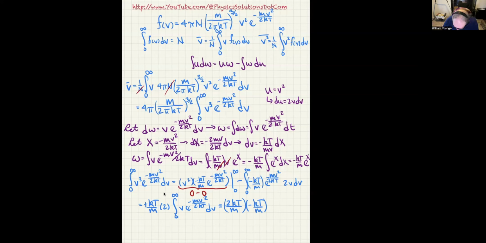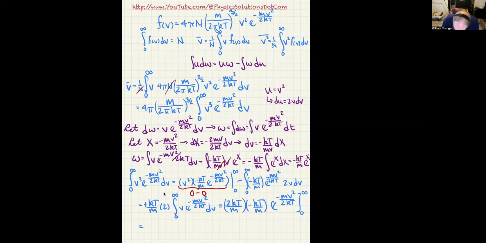So this is all working out to be that times e to the negative mv squared over 2kt, evaluated from 0 to infinity. So we're actually in a pretty good spot right now. All we have to do is go ahead and combine this stuff.